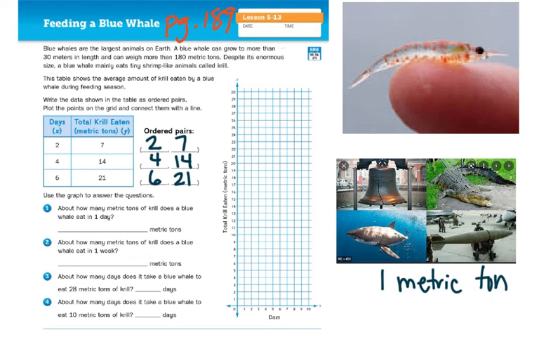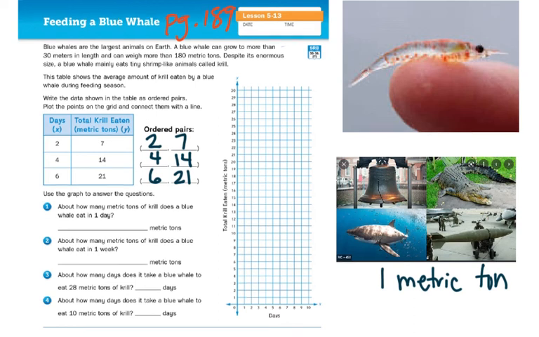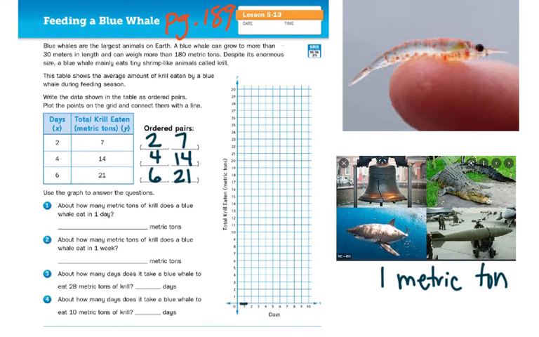Number 1, about how many metric tons of krill does a blue whale eat in 1 day? Well, let's go ahead first of all and plot those points. So we go over to, remember, you always go over. Think about moving a ladder. You always bring the ladder to where you want it, move it over, and then you go up the ladder.